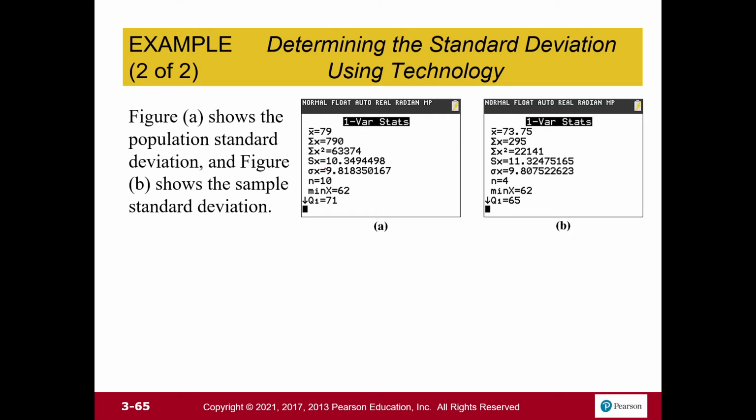So as you can see, you have two different standard deviations. The mean is 79, as the calculator reports when you use one-variable stats. But the sample standard deviation Sx is 10.3, and if it's a population, the standard deviation is 9.8.